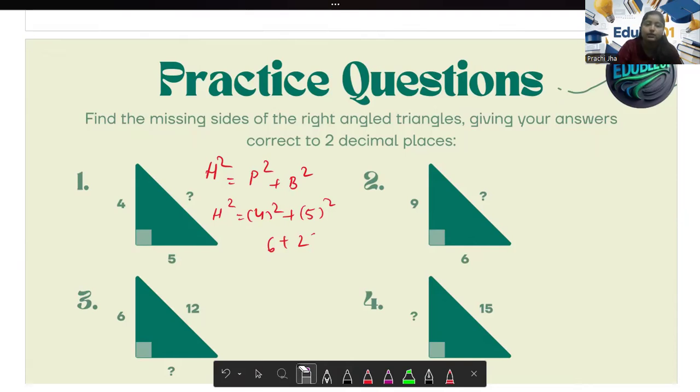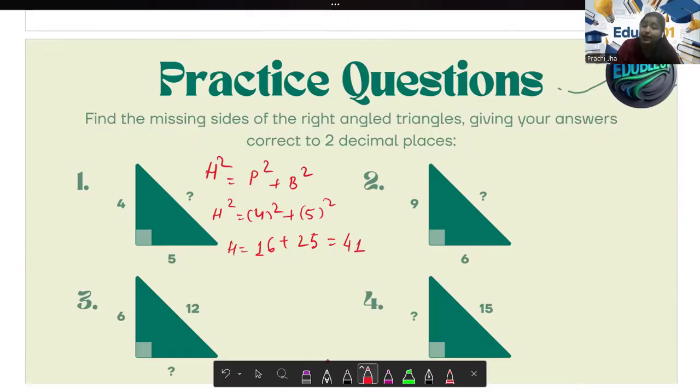How much is 16 plus 25? Tell me. Yes, exactly. 16 plus 20 is 36, plus 5 is 41.